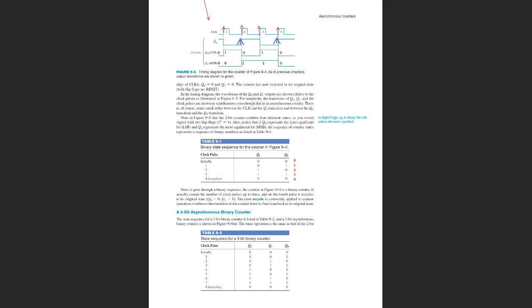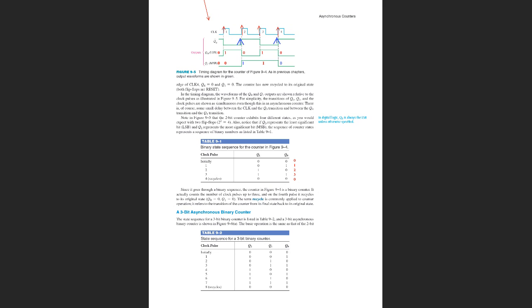Now, because not Q0 is changing its state every second clock, those positive Q0 edges may affect flip-flop 1, therefore the second flip-flop is changing every second clock. So you may see what's happening.